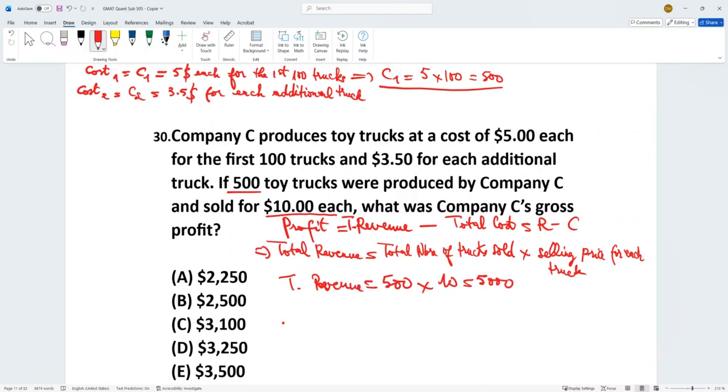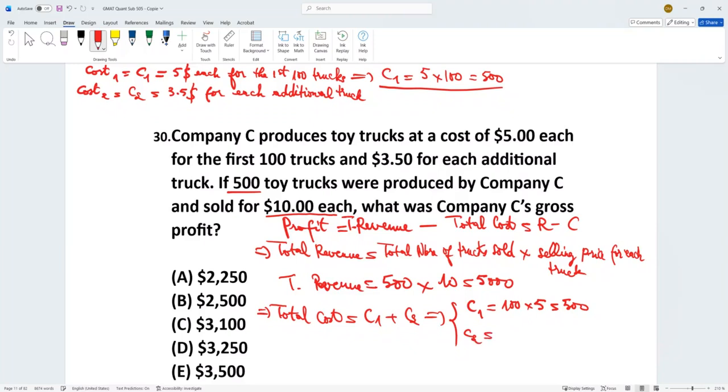Then we need to find the total cost. Total cost is equal to C1 plus C2, the cost for the first 100 and the cost for the additional trucks. So C1 here, since we have sold 500, the first 100 cost $5, so this will be 500.